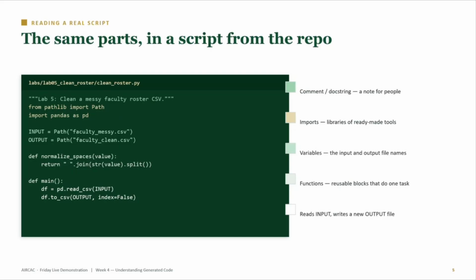Here also, from pathlib import Path, only one import here. We can import the full pathlib, and we can import a part of it. Why are we doing that? To not take more space for the code itself. So it is always useful to import only the things that we need.